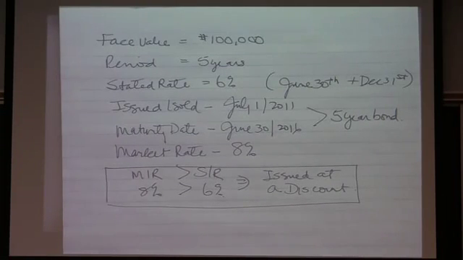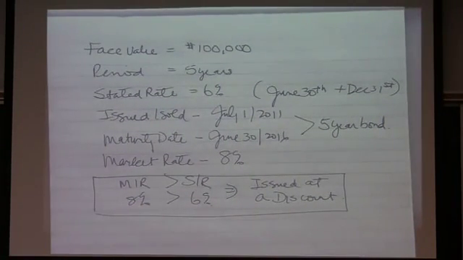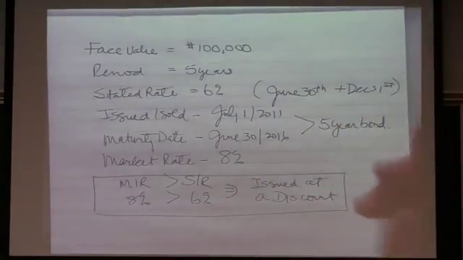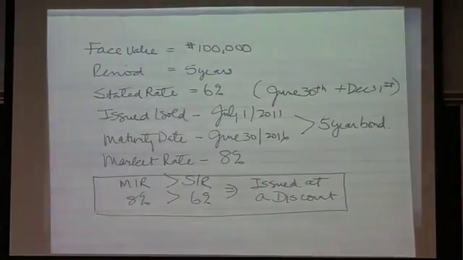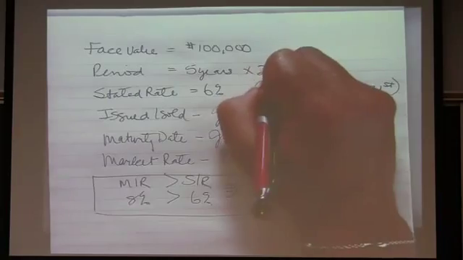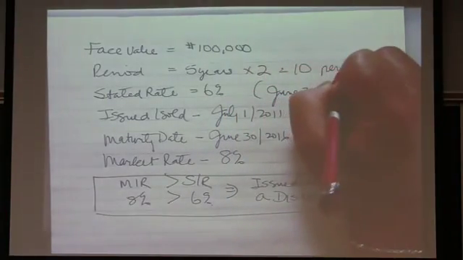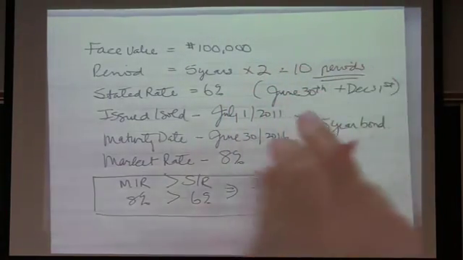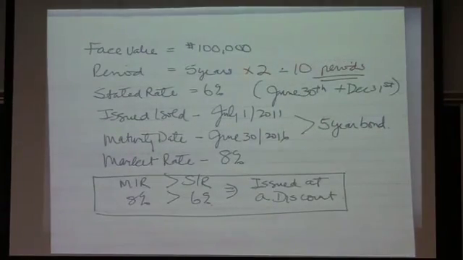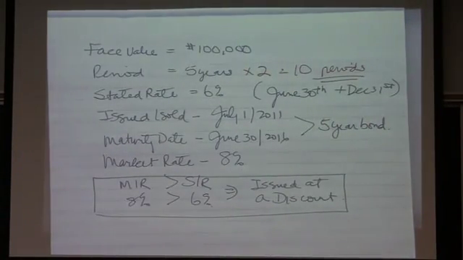Now, because the bonds are paid twice a year, the number of periods of compounding is going to be 10 periods. Not 10 years, 10 periods. Because we need to compound the bond twice a year because it pays twice a year. Now, the stated rate is 6%.